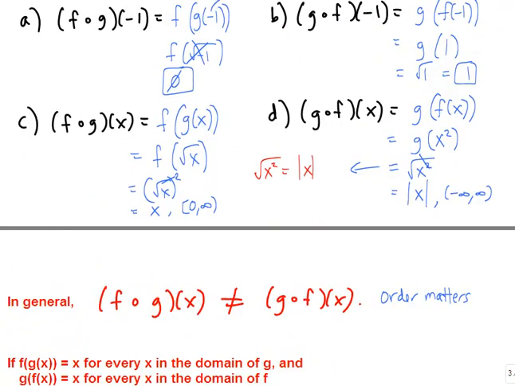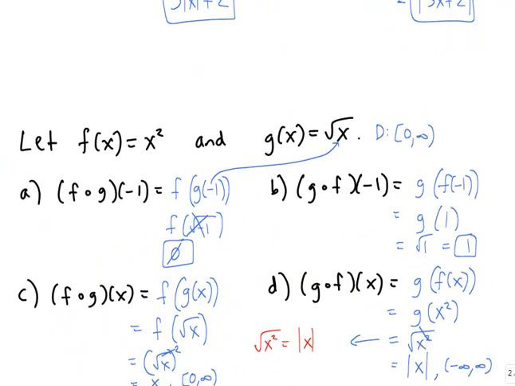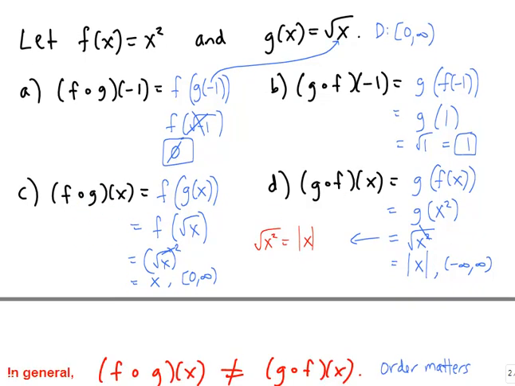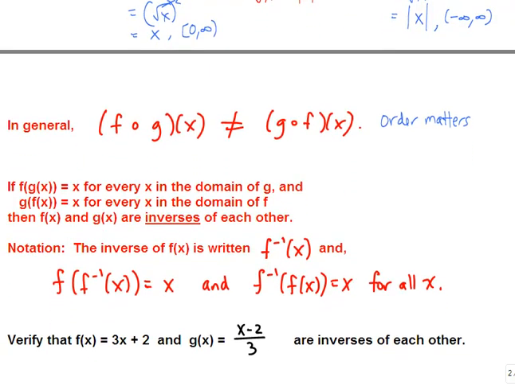Just like in the last example, we had f was x squared, and g was the square root of x. X squared and square root, we think of those as being inverses of each other, and indeed we did get x's when we did our composition in both orders, with restrictions on those domains.